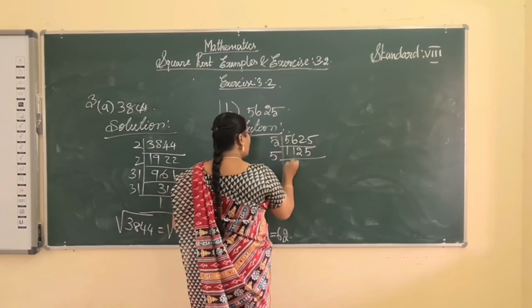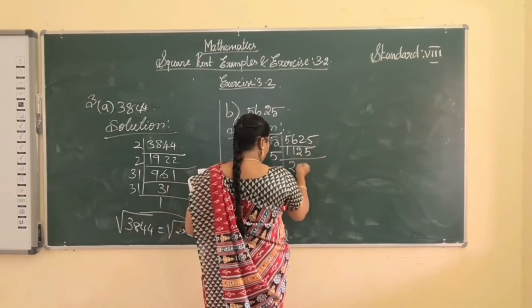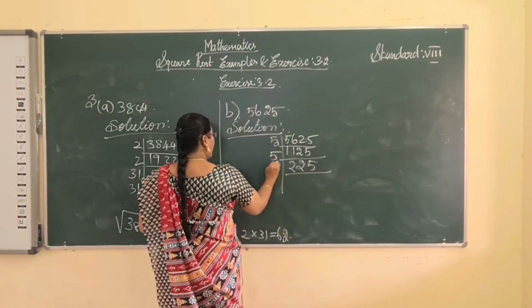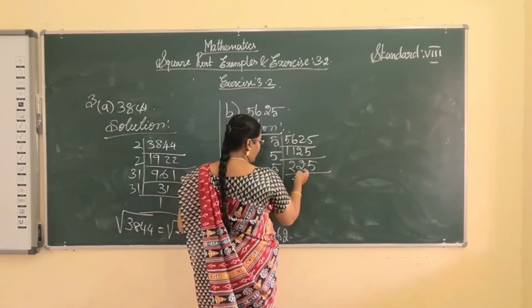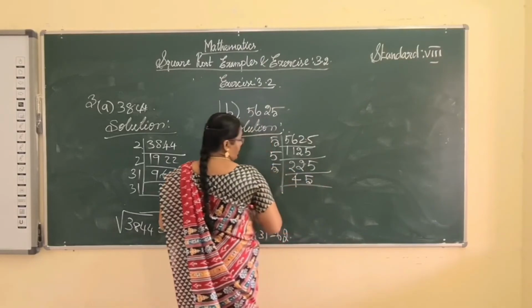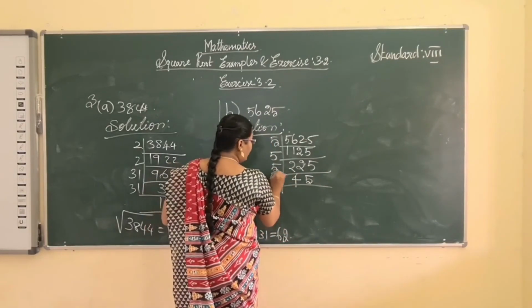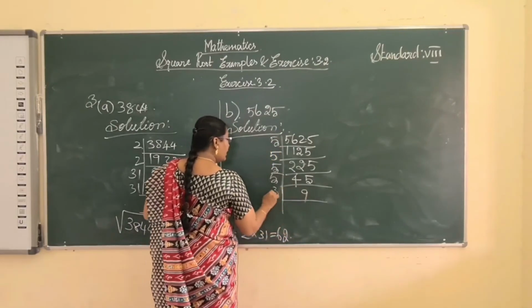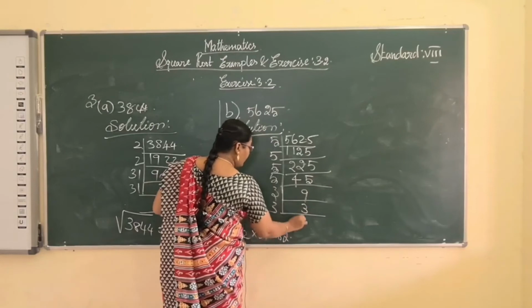Again 5 table, 5 2s are 10, 5 5s are 25. Again 5 table, 5 4s are 20, remaining 2, 5 5s are 25. Again 5 table, 5 9s are 45, then 3 table, 3 3s are 9.